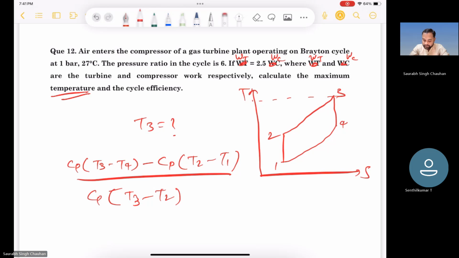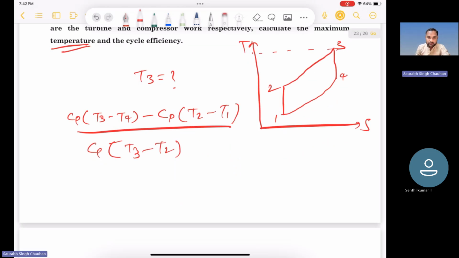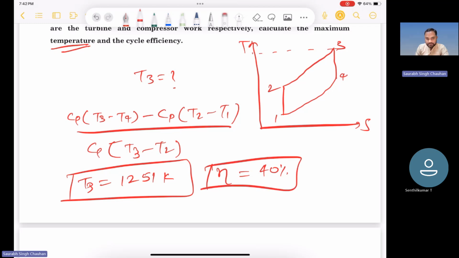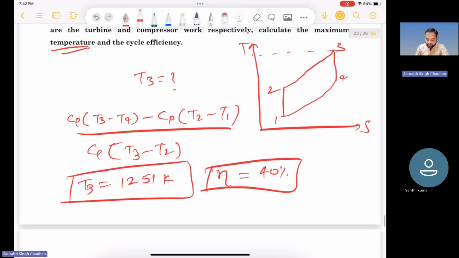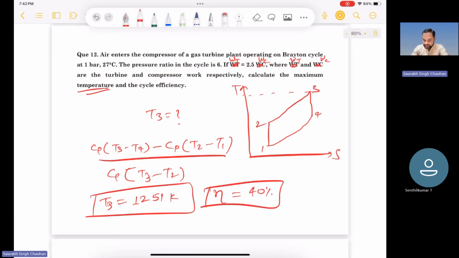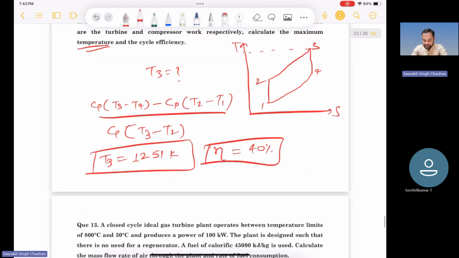The answer I have: T3 is 1251, and the efficiency is 40%. So you can just calculate. If you find any difficulty or get other values, let me know. We can solve it in the next session. It is easy, right?